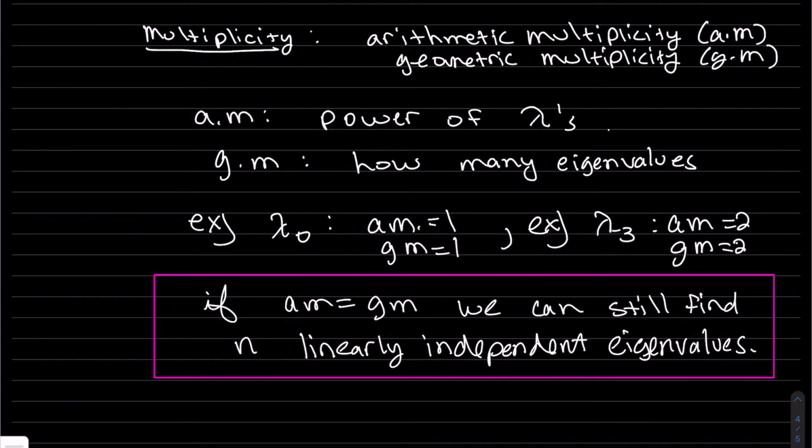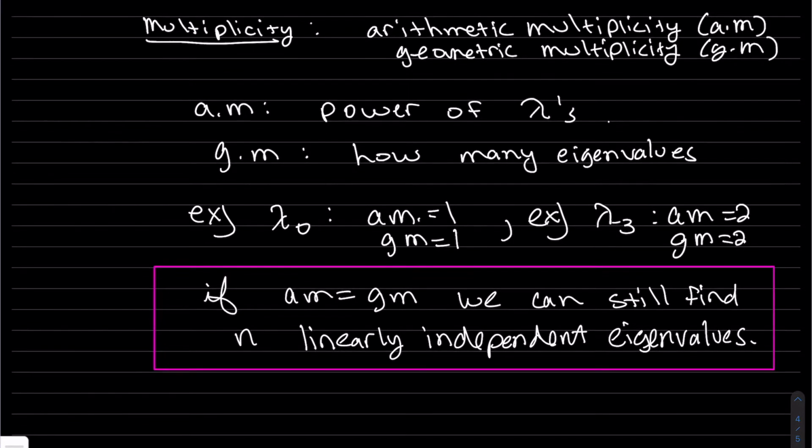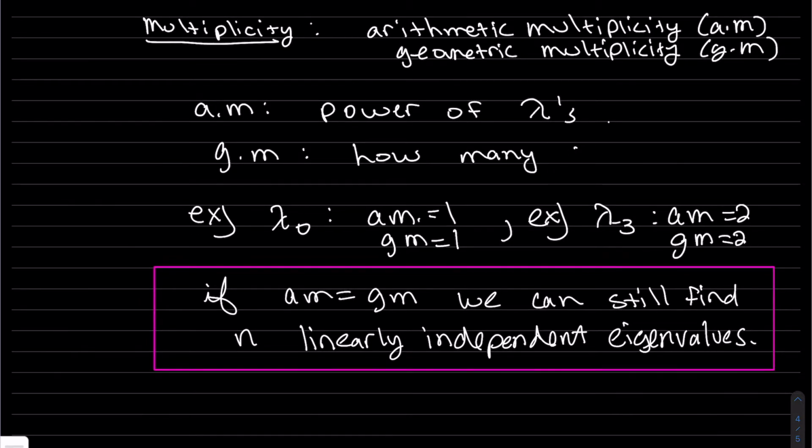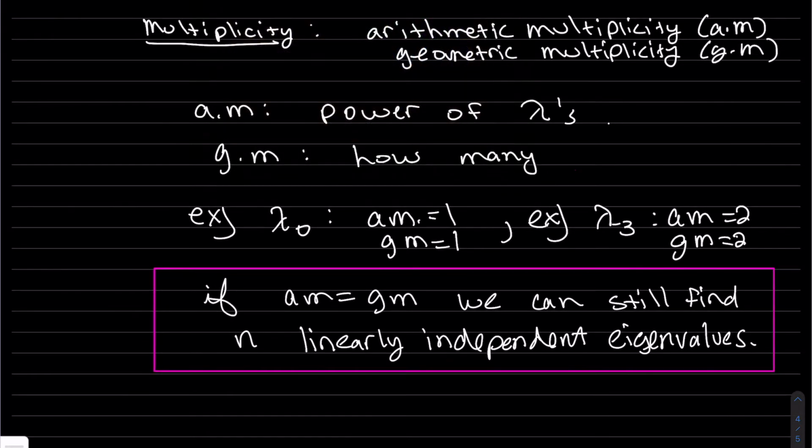As long as it produces the same number of eigenvectors, we're good. And I said it wrong here. It's how many eigenvectors. So one's the multiplicity of the lambda, and the other is how many eigenvectors it produces.